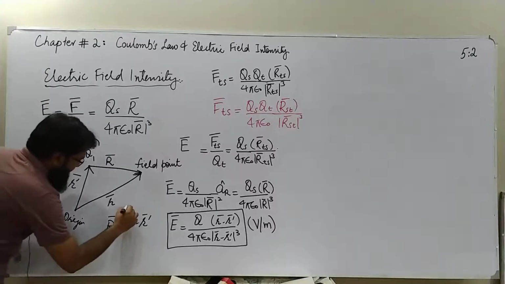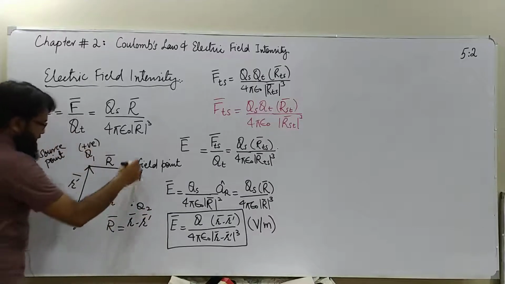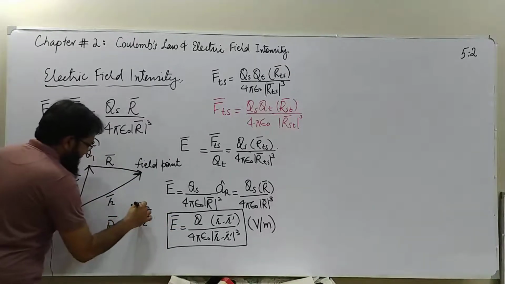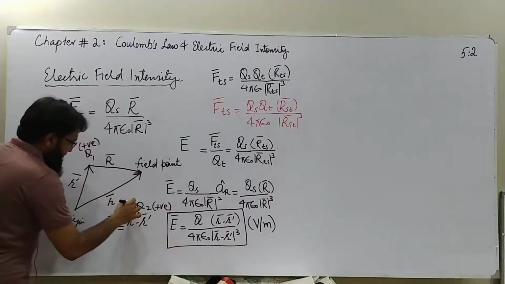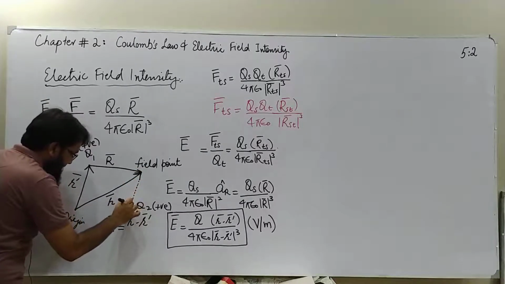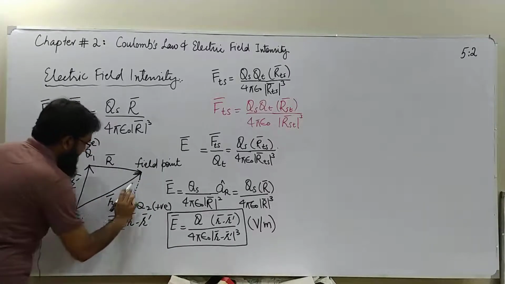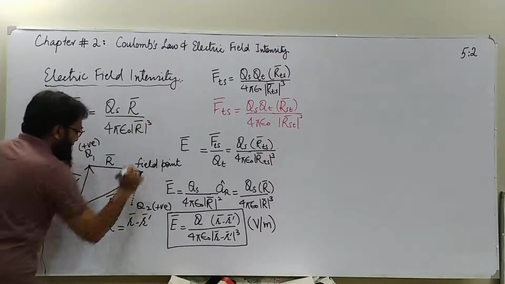Let's say another charge Q2 is here, and that charge can be positive or negative, and just to illustrate, I am taking it to be positive. So the field at this point, remember that, will act along this line, and that will be pushing the judge charge away.